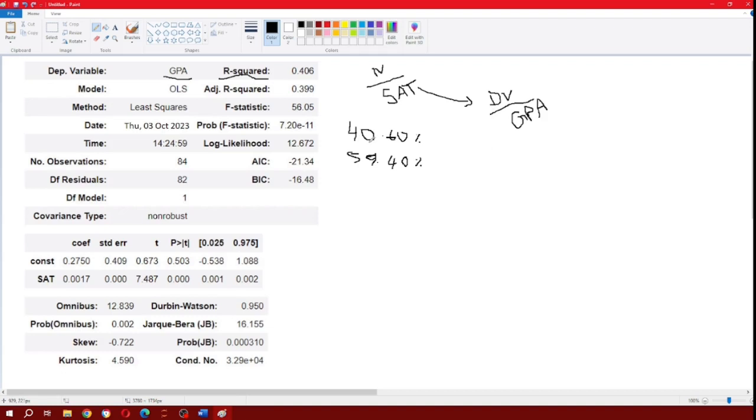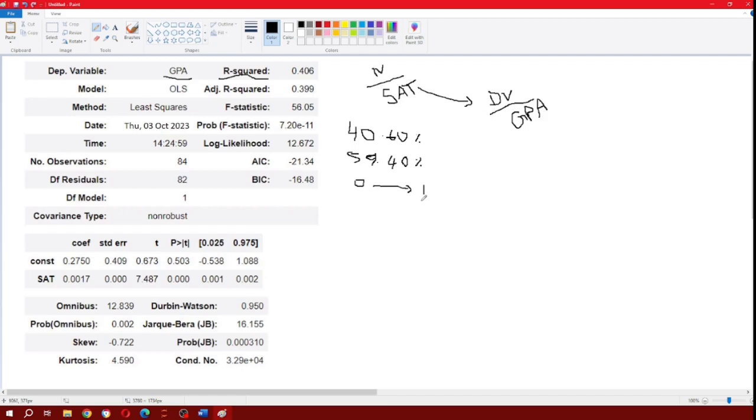So I converted this into a percentage, but you don't necessarily have to look at this through a percentage outlook. The R square goes from 0 to 1, where 0 means no variation can be explained, or zero percent variation can be explained by the IV in the DV, while 1 is the absolute explanation of variation from the IV into the DV.